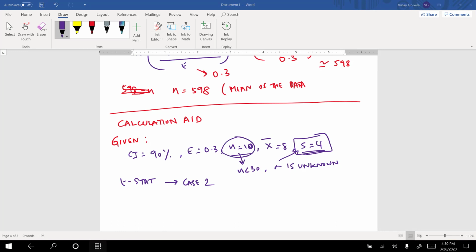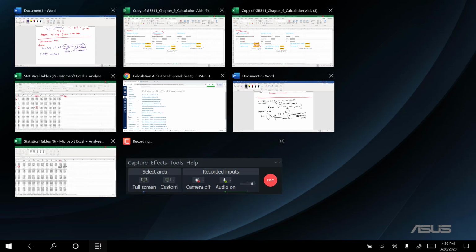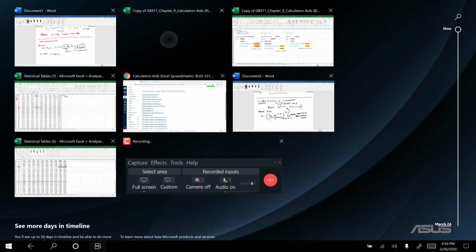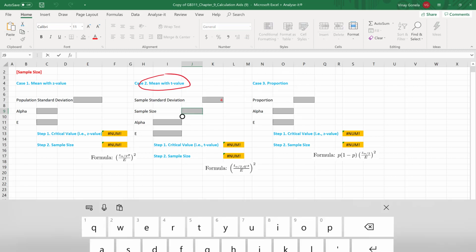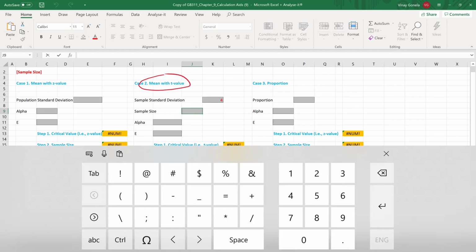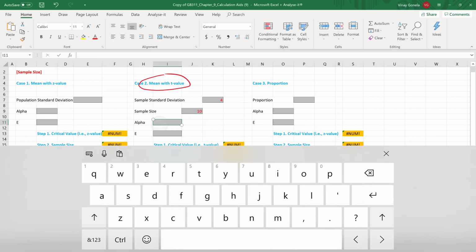So I will go here and use sample size of 10, and then alpha, I need alpha here.